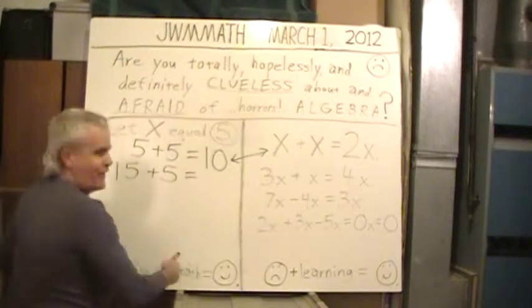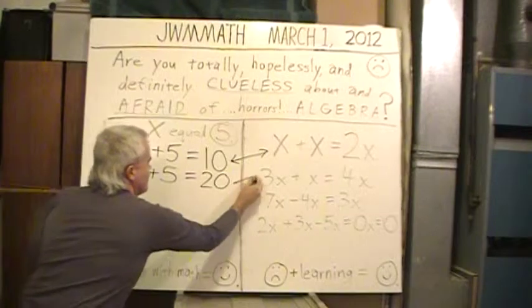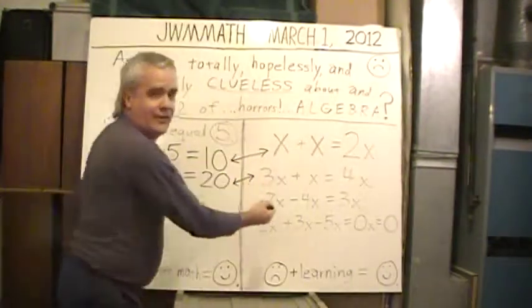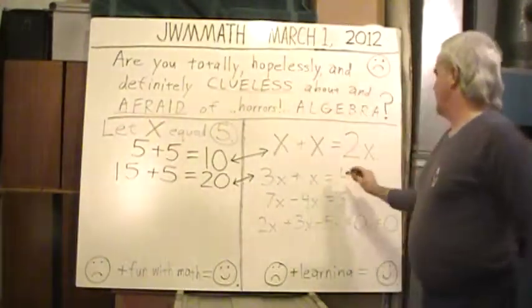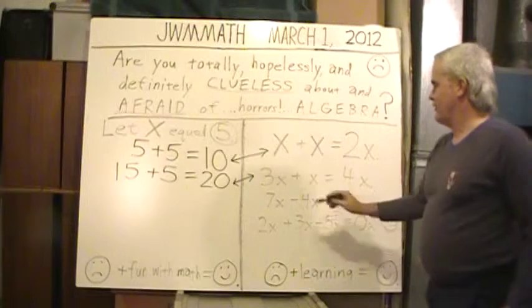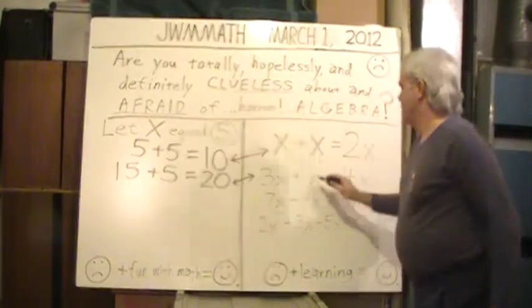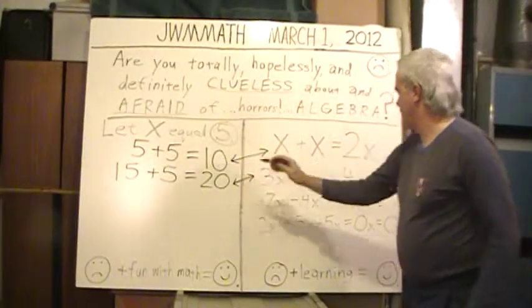And 15 plus 5, we probably did that in half a second as well, 20. And over here this is saying 3 times 5 plus 5 equals 4 times 5. And we found the 3 times 5, the 3x, is indeed 15. And x is a 5, 15 plus a 5, like we did over there.